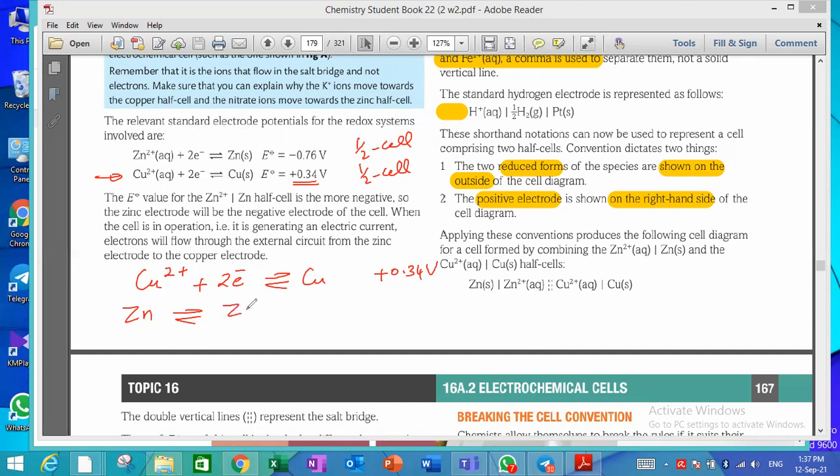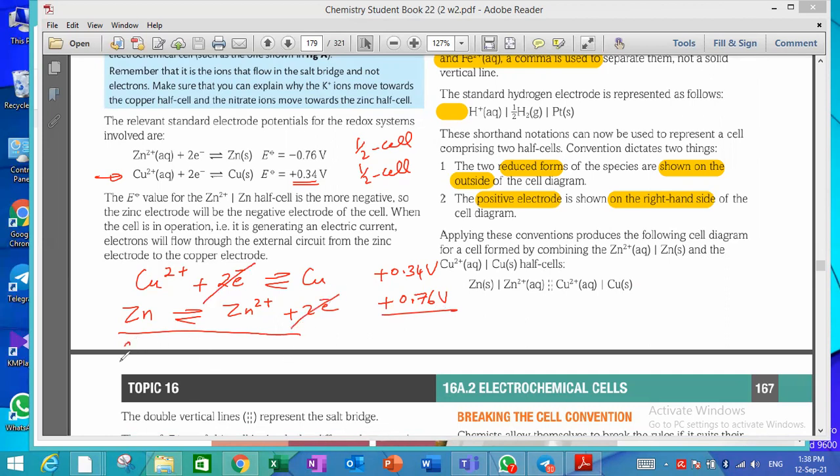So zinc gives zinc ions plus 2 electrons. And as we flip the first half cell, we also change its sign to be plus 0.76 volts. And then we add these two equations together. The electrons on the left-hand side cancel with the electrons on the right-hand side.